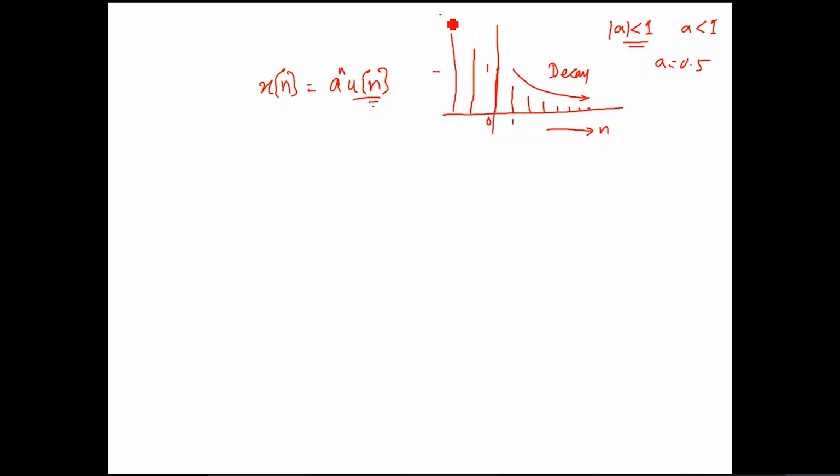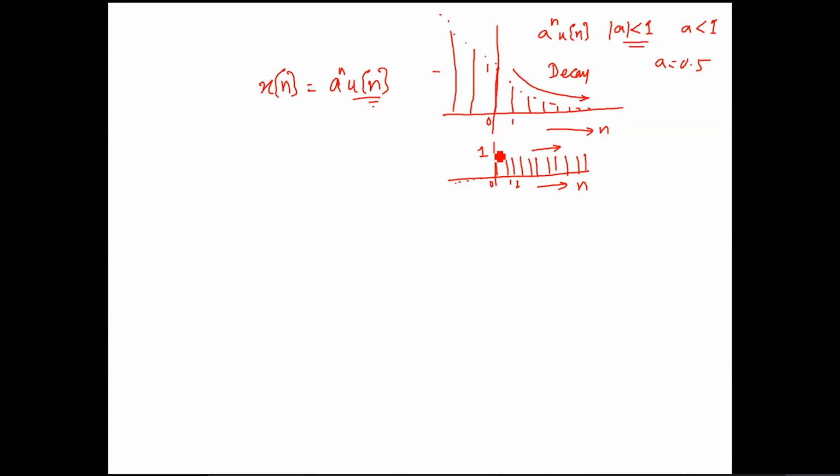But if you multiply u of n to it, we know that u of n is a step signal which is 1 throughout. The effect of multiplication by u of n is that you see on the negative side it is all 0. So this type of thing you will come across.